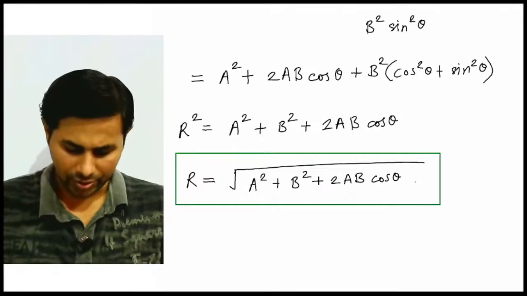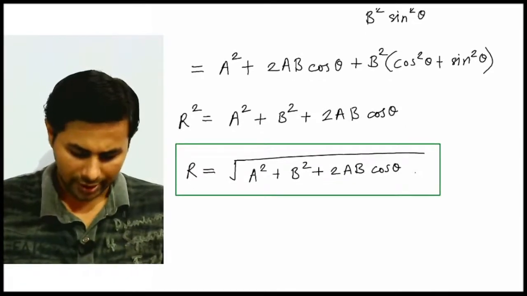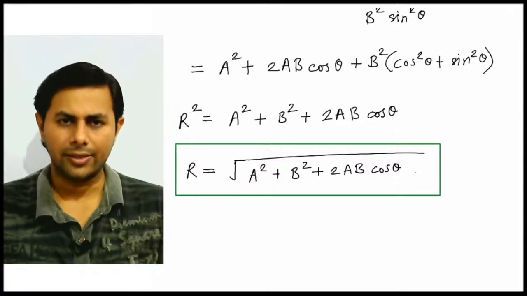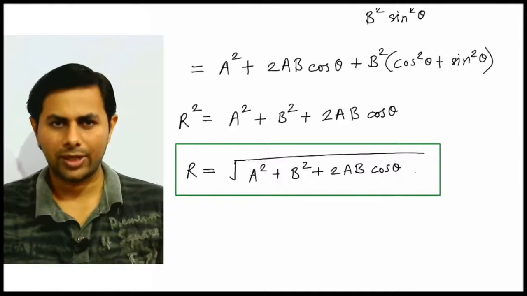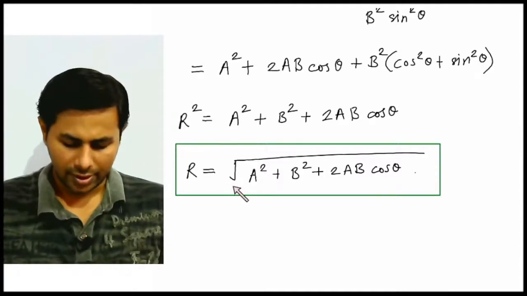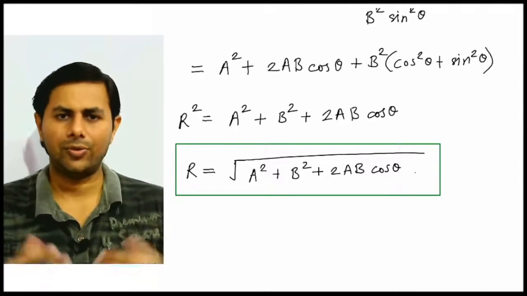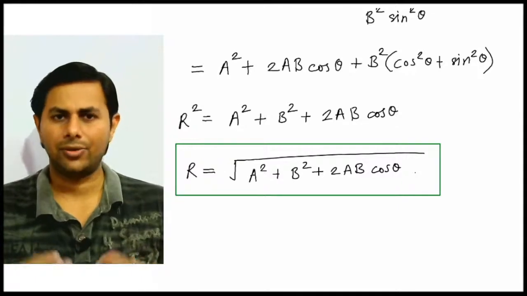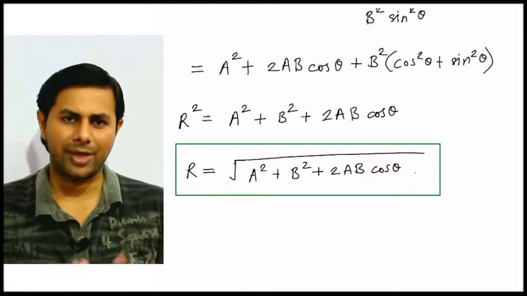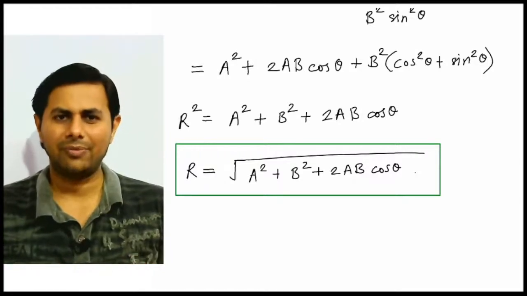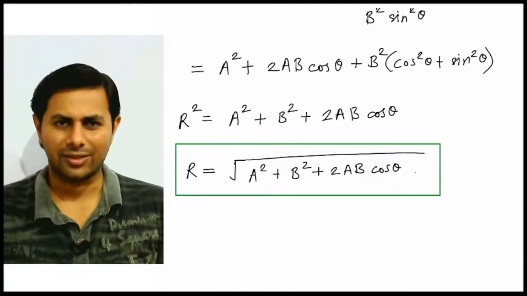So this is the magnitude of the resultant, and it's very simple to memorize. The magnitude of the resultant of addition of two vectors is the square root of magnitude of first vector squared plus magnitude of second vector squared plus 2 times magnitude of first vector multiplied by magnitude of second vector multiplied by cosine of the angle between the two vectors.